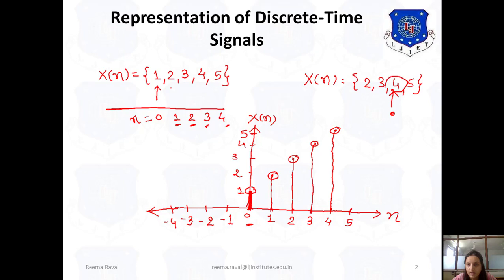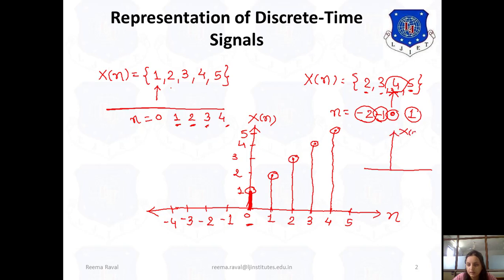This indicates position 1, here it is -1, then -2. That means at n equals 0, its value will be 4. At n equals 1, its value will be 5. At n equals -1, its value will be 3. And at n equals -2, its value will be 2. Okay, so if I want to plot this, it will be like this.